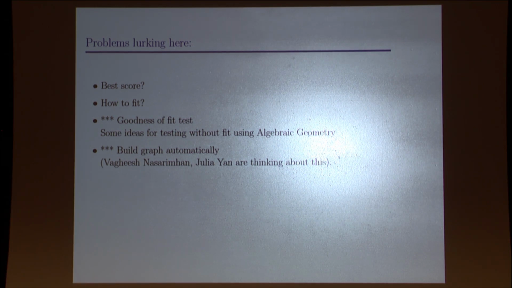And I need much, much better methods for building these graphs automatically. I have two colleagues who are working on this, and they've made progress, but they sure haven't solved the problem. So if you're interested in this kind of thing, come and talk to me more, and I will be happy to try and give you some examples.